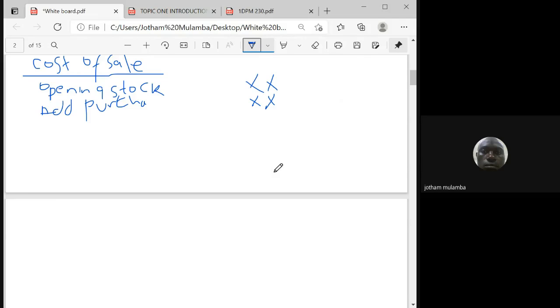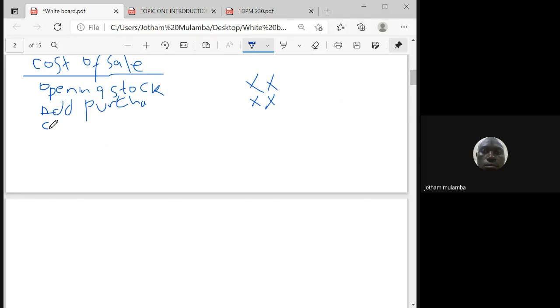So when we buy items from Kamkunji and we have to get a cart, mkokoteni, to take us to the stage, then we have to pay matatu to take us to whichever estate we want to sell those items. So the cost we incur to transport those goods, we refer to as carriage inward.